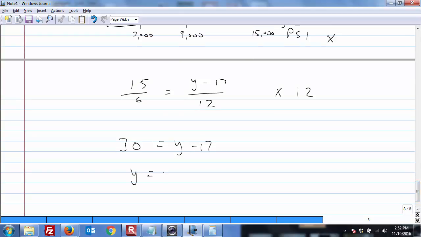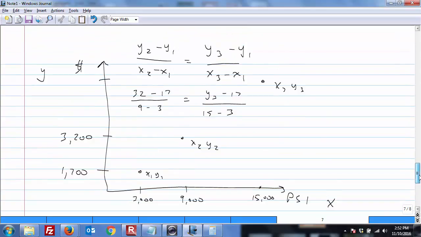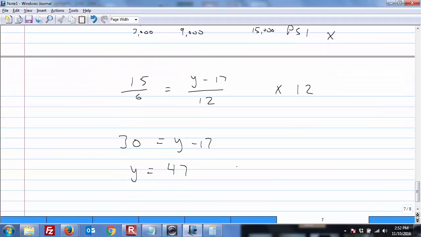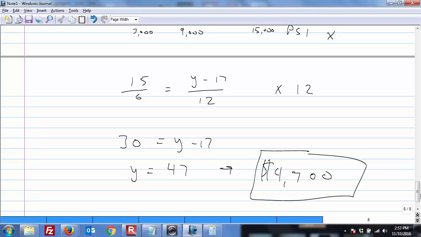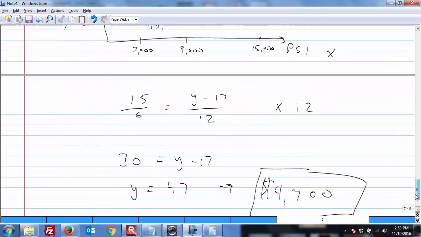Y equals 30 plus 17, which is 47. If we go back, we know that's going to be $4,700. There's your answer. There you go. So that's just linear extrapolation.